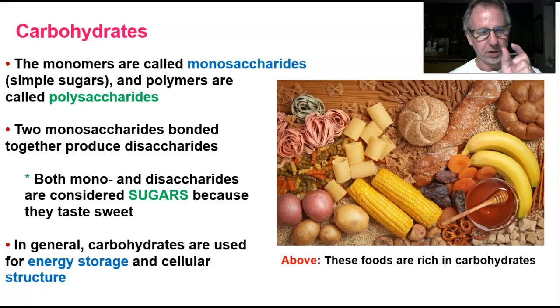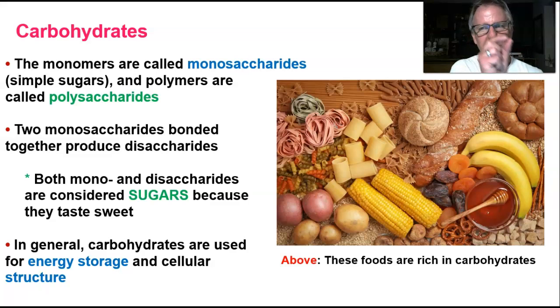The monomers, or the building block molecules, are called monosaccharides. And those are called simple sugars. Mono means one, saccharide means sweet, so it's referring to sugar. So those are the building blocks.